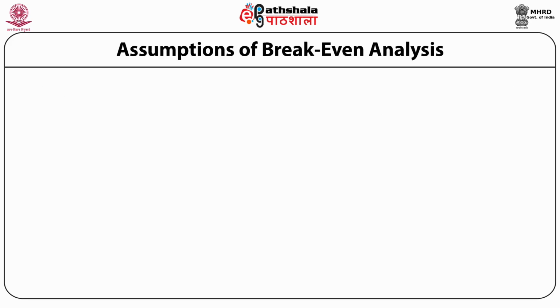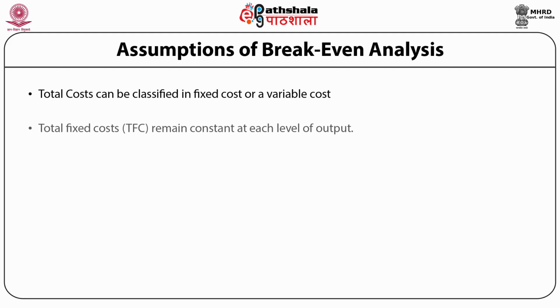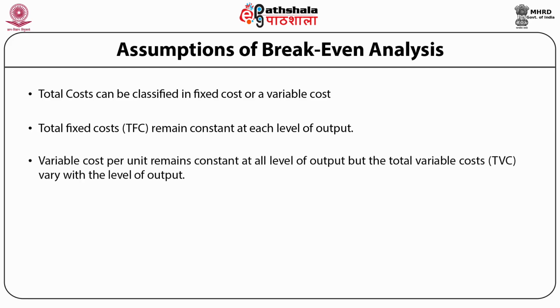Now we will discuss the assumptions of break-even analysis. Break-even analysis is based on some assumptions that are as follows. First, total cost can be classified into fixed cost or variable cost, and the total fixed cost remains constant at each level of output, whereas the variable cost per unit remains constant at all levels of output, but the total variable cost varies with the level of output.